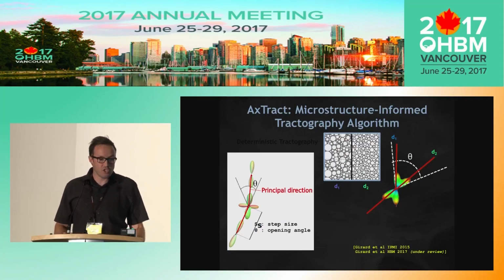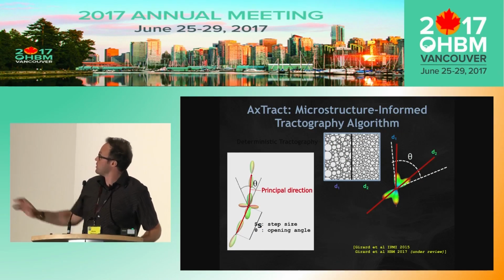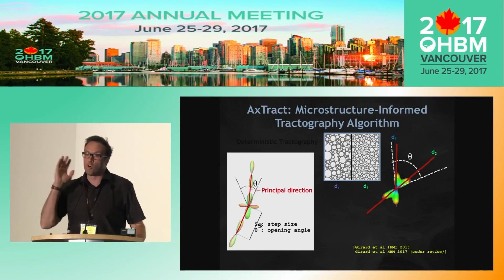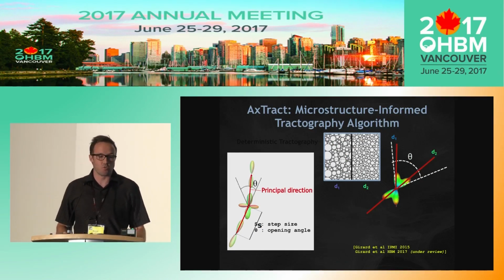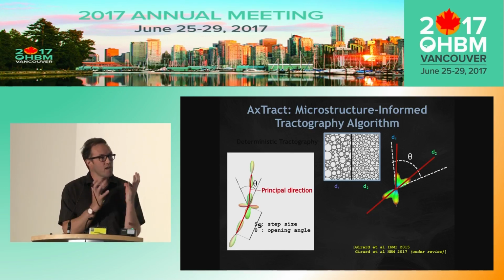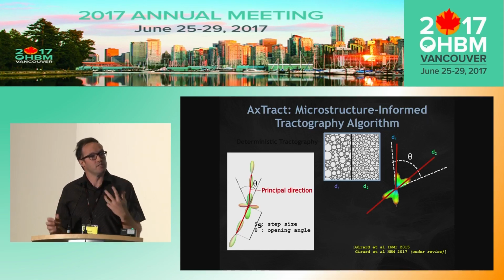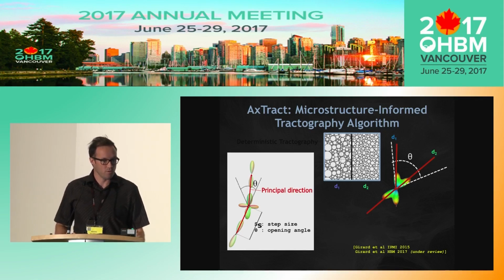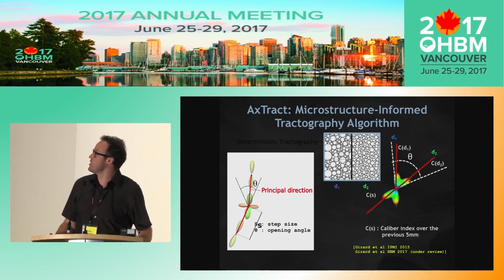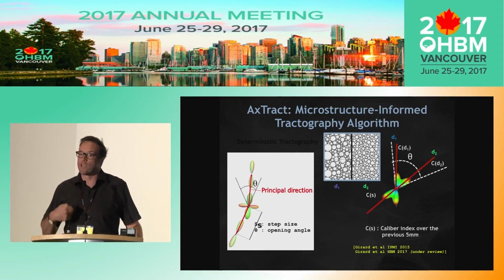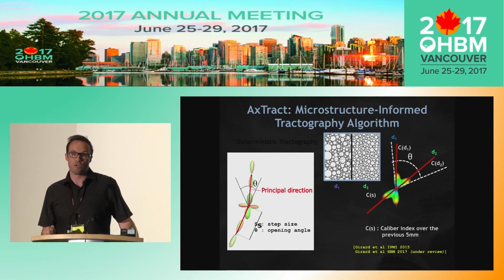So imagine that we have a crossing here, this little ODF, but that for each of these principal directions, we have a diameter estimation associated with it. And one of the peaks is a smaller caliber axon, and the second peak is a bigger caliber type of axon. Well, if we have these caliber indices, now we can take a smarter decision as we perform tractography.